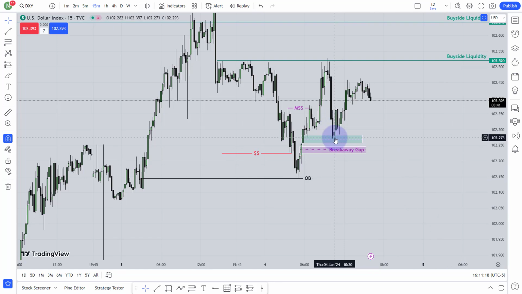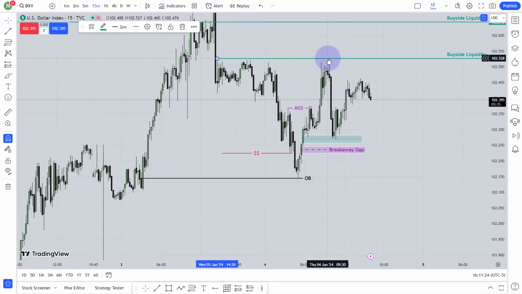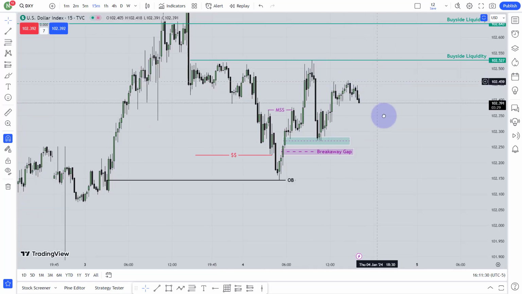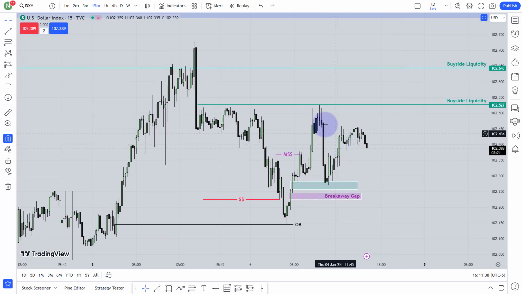Instead, it came to the first parallel gap, then it started to go higher one more time, and later I marked this high as my perfect buy side liquidity. Though I'm expecting price will come over here, this is the more obvious buy side liquidity right now.